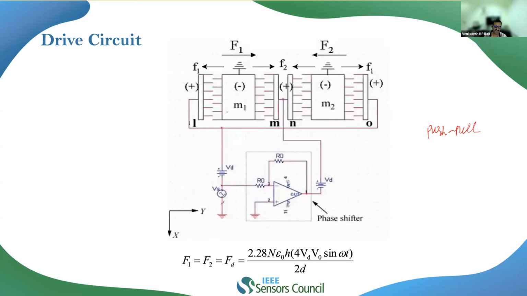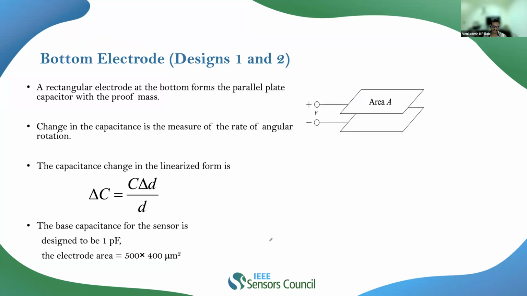In case of push-pull driving mechanism, here I have VDC plus VAC, and here again I have VDC plus VAC. Here I have a phase shifter, so I will get VDC minus VAC over here. So it will always undergo push-pull driving under consideration. So I will cancel out the linear component of acceleration. So the total force that I get out will be this.